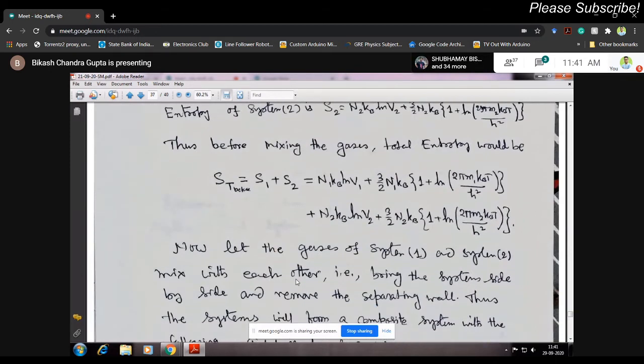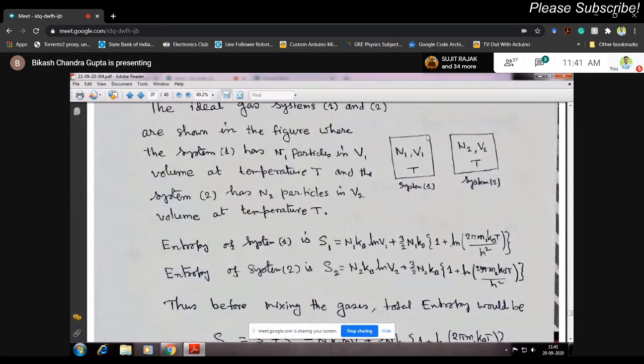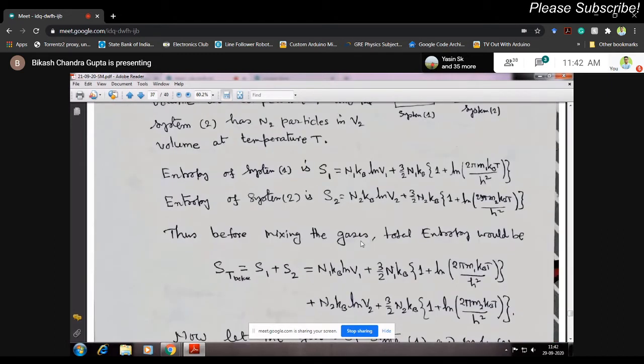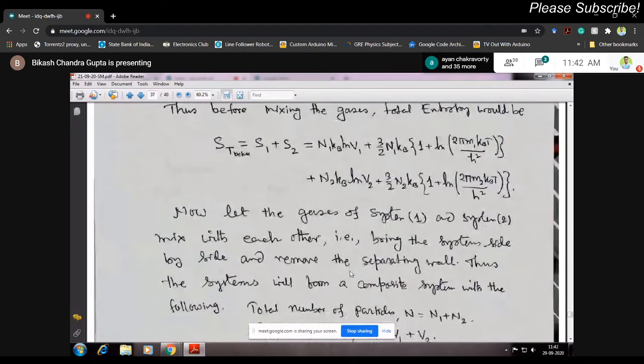That means you just remove the wall separating these two, and then these two gases will mix with each other, and the N2 particles will also occupy the entire volume. These gas molecules also will occupy the entire volume. Basically, if you remove the wall, these particles will diffuse and come here, and these particles also diffuse and come here. Then as a whole, let's see what happens to the system.